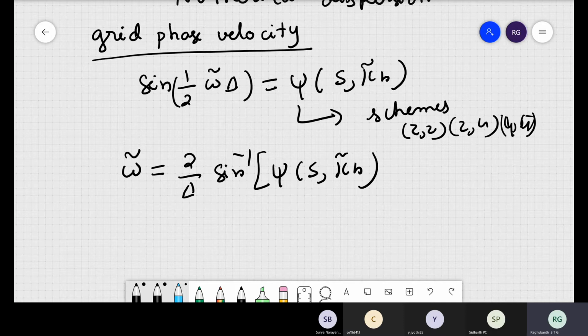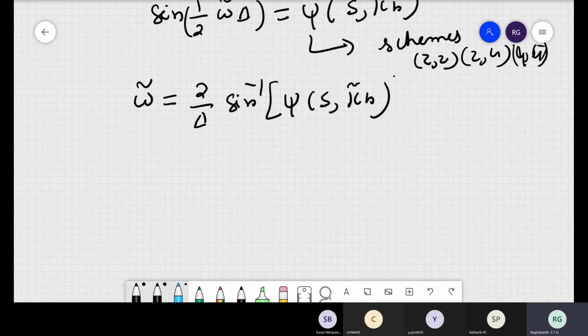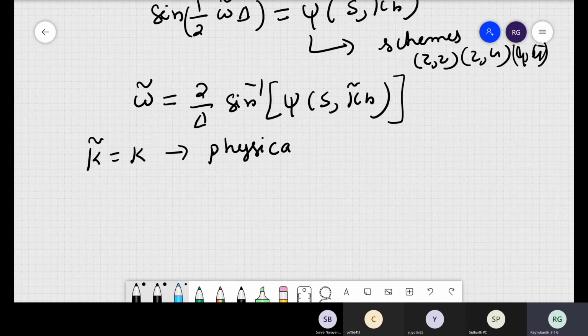So one can write this for all these cases. Suppose you assume that k is physical, not a real quantity but a physical kind of a thing. So our grid dispersion curve, okay, so the grid phase velocity.